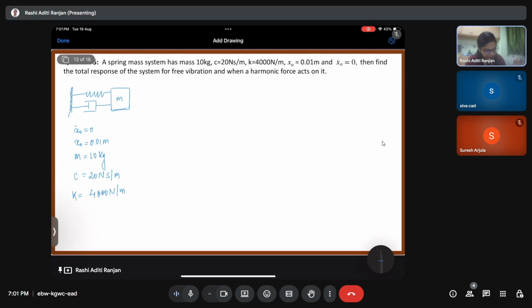Considering the first case, which is the case for the free vibration. Firstly, we'll try to find out all the non-dimensional forms of the system. So omega n is under root of k by m, which is 4000 by 10, so 20 radians per second. Then we have eta as c by cc, where cc is the critical damping constant, twice the under root of m and k.